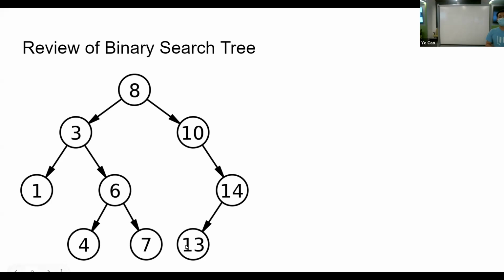Okay, so a binary search tree basically is just a... sorry, what's your name? Okay, you have a node. This one doesn't seem to show very well. Okay, thank you so much.